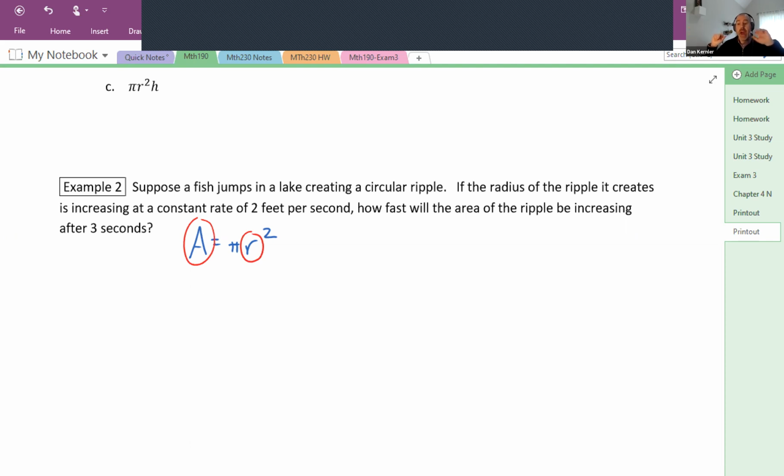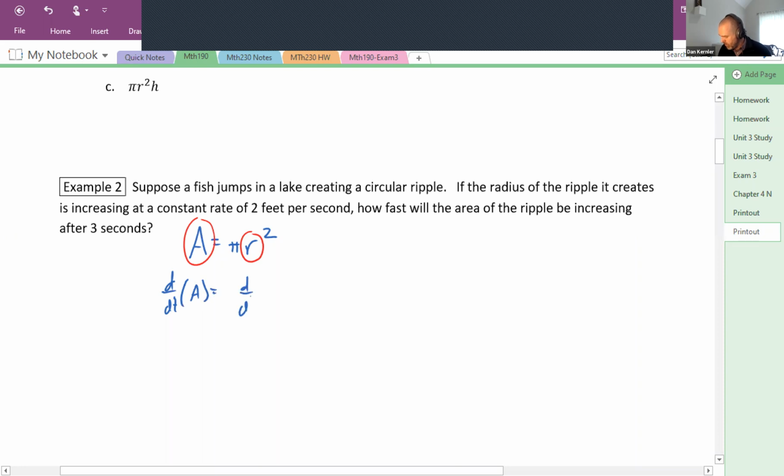Now we're going to do just like we did with the paths from Dr. Sugar's notes. We're going to differentiate both sides with respect to t. On the left, we'll have dA dt.